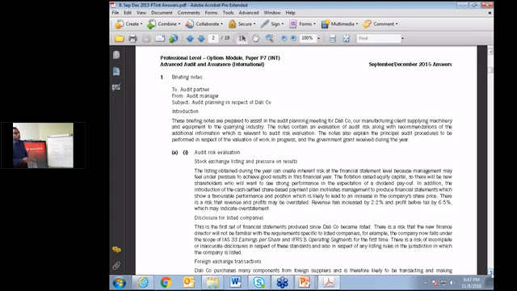So we look at this answer now, and we look at now the examiner comment. So let's turn our attention to the examiner comment, especially on the audit risk question. So I would like you guys to go to the examiner comment, as you can see.